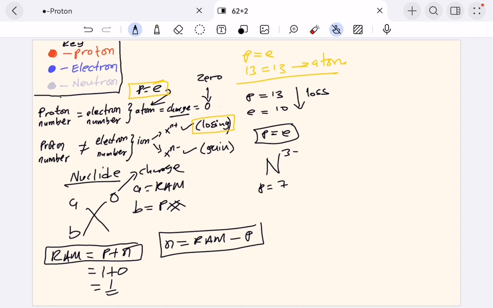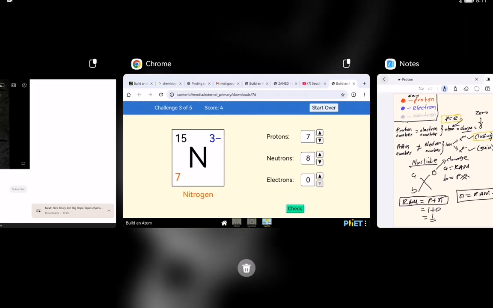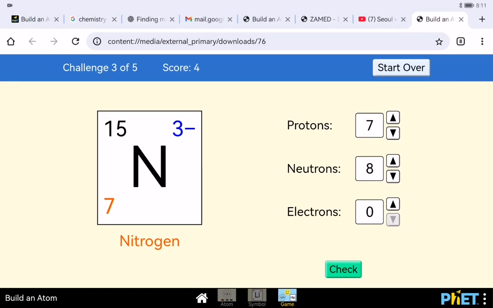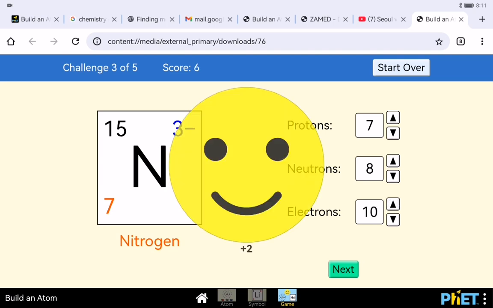So initially this was 7, and the number of electrons is going to be 7 plus 3, which is giving us 10. So this means that it gained 3 electrons from its initial electrons as an atom. So this becomes 10, and that is correct.